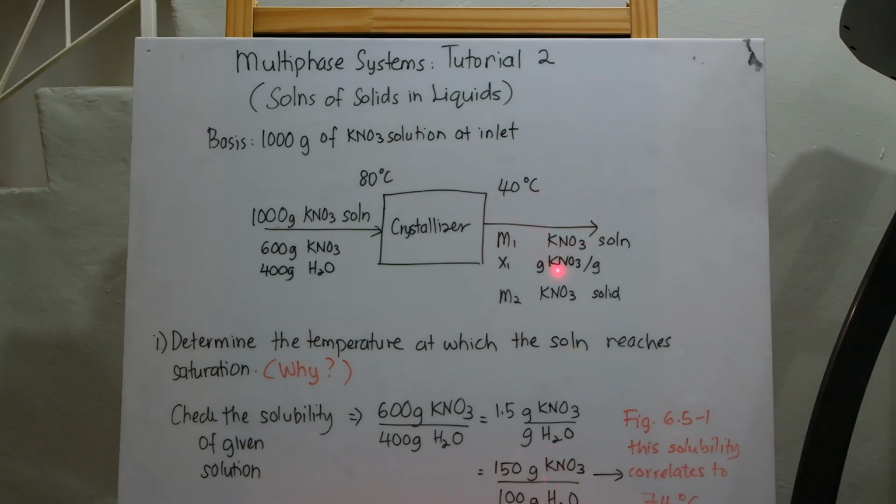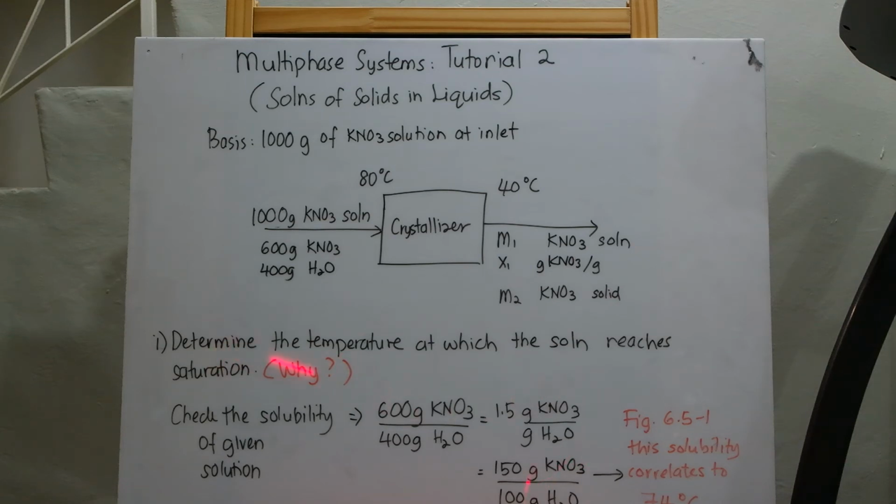So at your outlet some potassium nitrate becomes solid, and some will remain in solution. Okay, that's why we have these two outlets here.